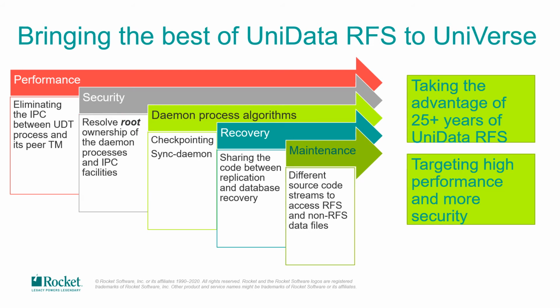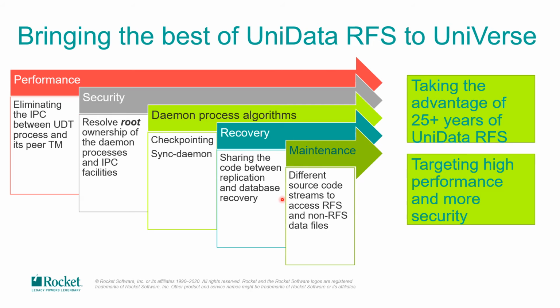There are lots of algorithms we reviewed, and we think we can improve them a lot. Another important aspect is that we looked at the recovery code. We think we can reuse the replication code for better quality.